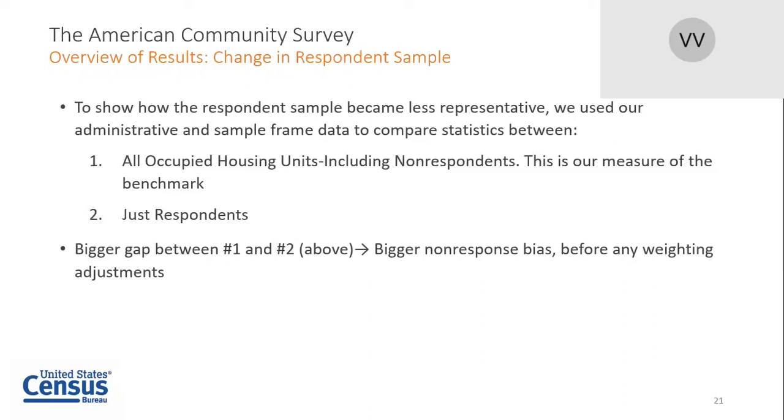To further show how the respondent sample became less representative, we use our administrative and sampling frame data to compare statistics between, one, all occupied housing units, including non-respondents, which is our measure of the benchmark, versus two, just respondents. In the graphs I'll show next, the bigger the gap between number one and number two above, the bigger the non-response bias is before any weighting adjustments.